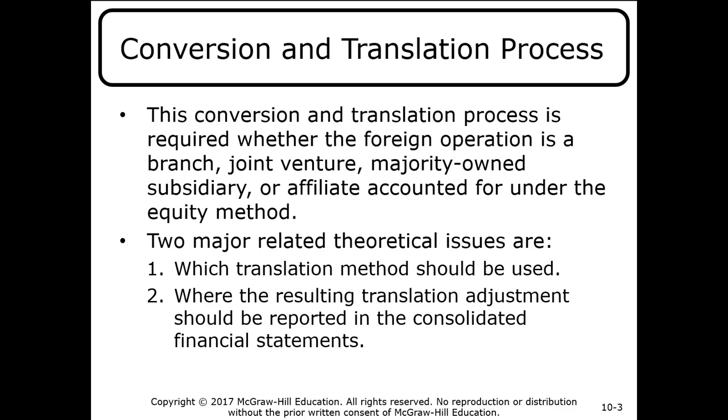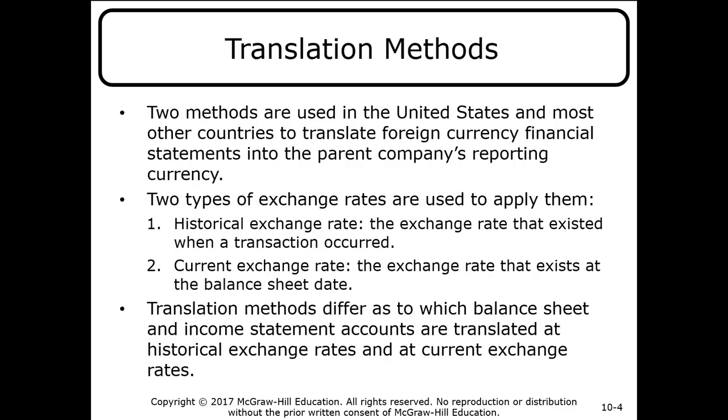So there are two theoretical issues: what translation method should be used, and where should this adjustment be reported on the consolidated financial statements. So there are two ways of applying exchange rates. We can either do them historically, when the initial transaction occurred, or we can use the current exchange rate.